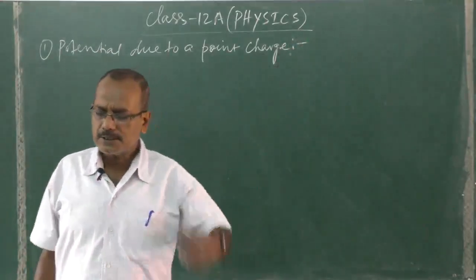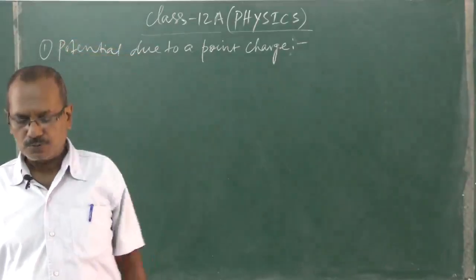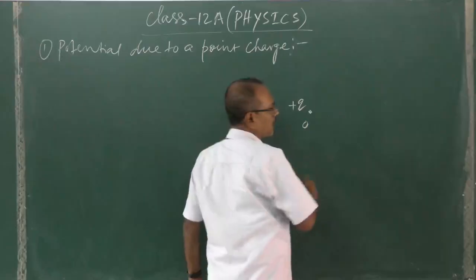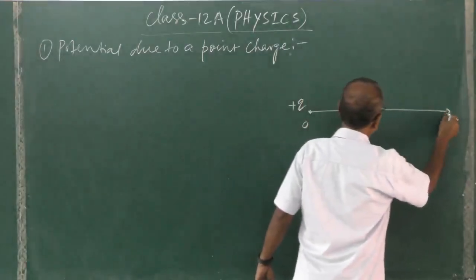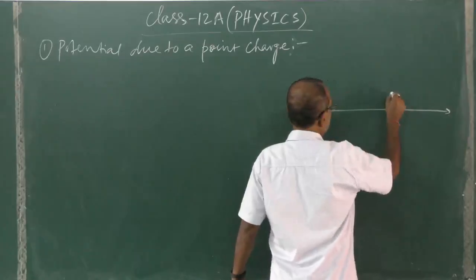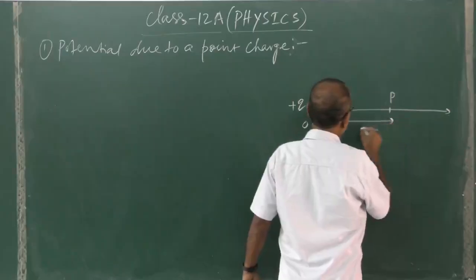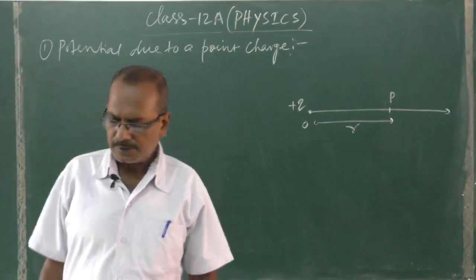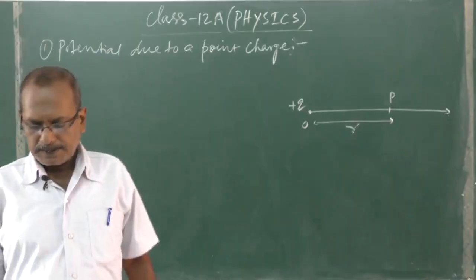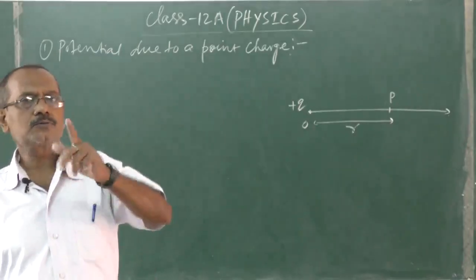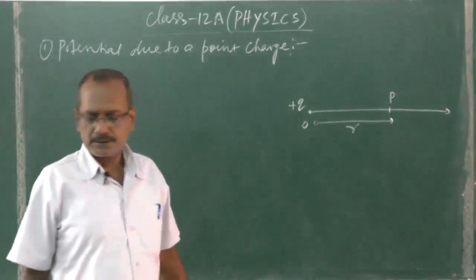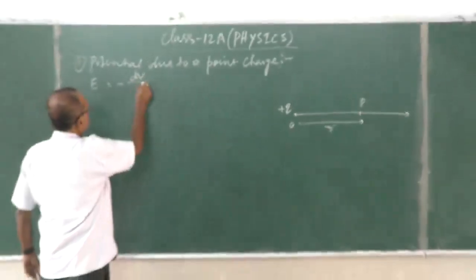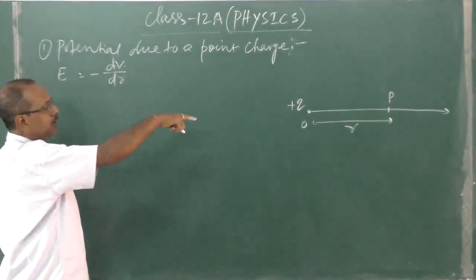Now for this, let us consider a point charge plus q kept at O, and we have to find out the potential at a point P at a distance R. We know electric intensity is the negative potential gradient, so E is equal to minus dV by dr. Here we write r because the distance is r.